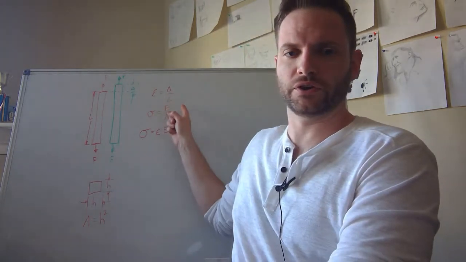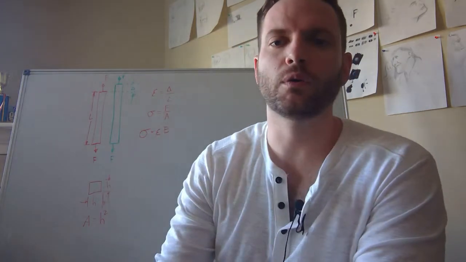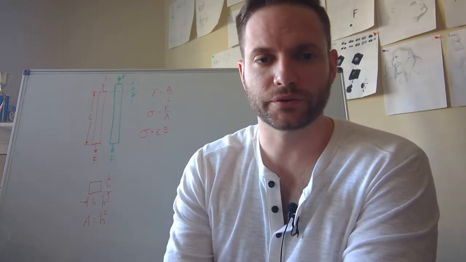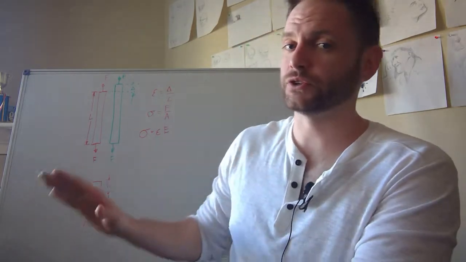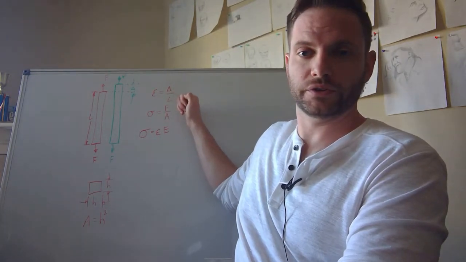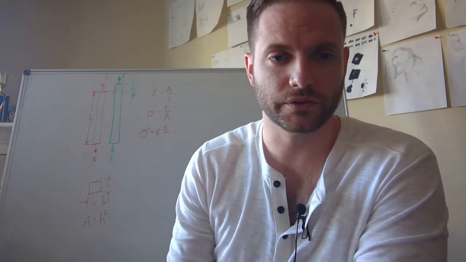So this delta over L is usually 0.01, 0.001, a percent, a tenth of a percent, or something like that. But that's all strain is. Change in length over the original length. Engineering strain, that's all it is.